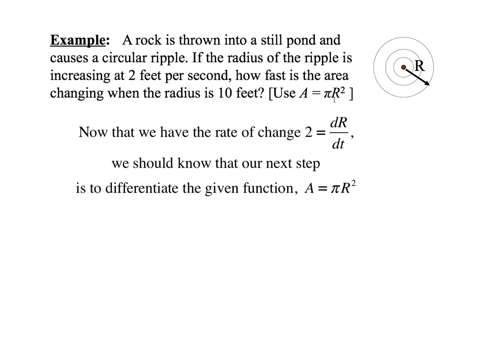And we know that we need to differentiate the function. Well, this is our, so to speak, f, and this is our, so to speak, x. So we want f prime of x, except in this case, it's A and r. So we differentiate A with respect to r. Well, pi is just a number. This may as well be 7r squared, except it isn't 7, it's pi. Pi is a Greek letter, but in mathematics, it's just a number.